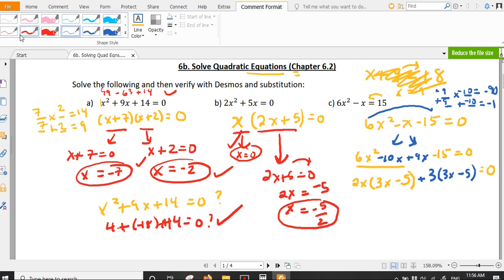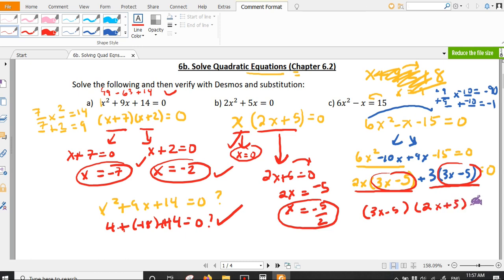Now, I'm going to look at these two terms. One term, two terms. What's common in both? Well, clearly they both have a 3x minus 5. Okay, so my two factors are 3x minus 5, and whatever's left over, 2x plus 3, equals 0. Am I done?